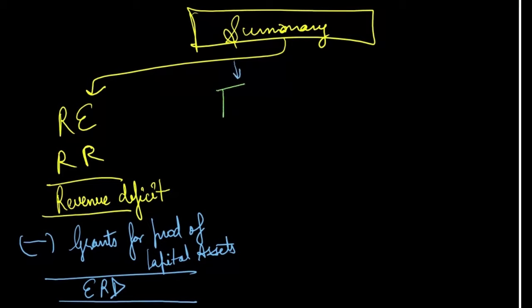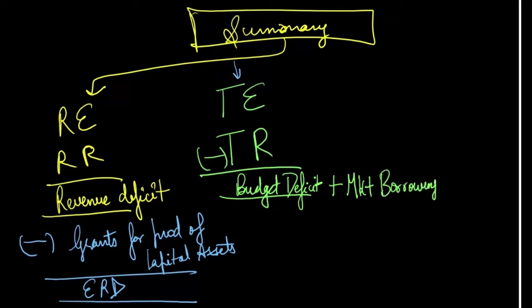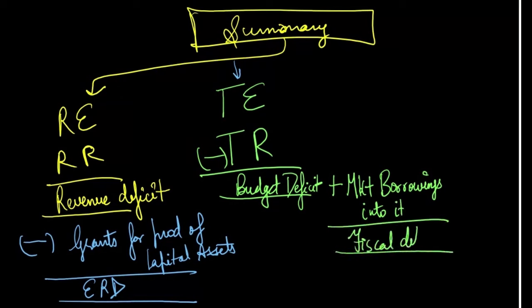If we reduce total revenue from the total expenditure, it will show budget deficit. If we add market borrowings into it, then fiscal deficit will come up.